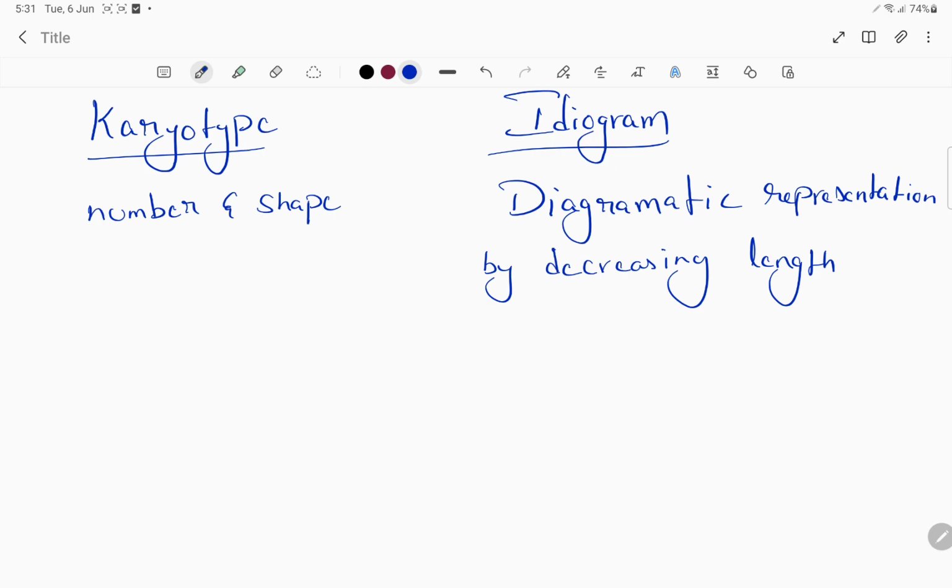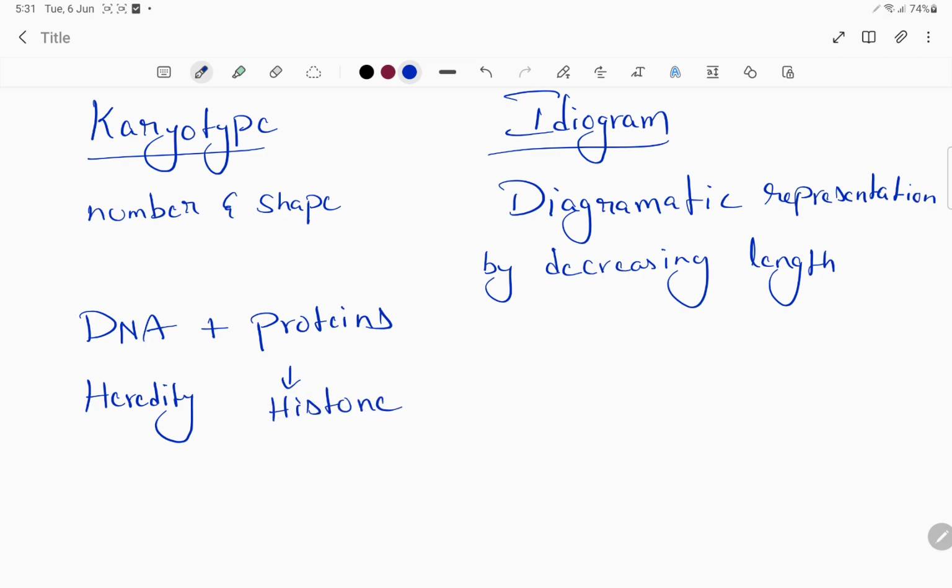So coming to the ideal chromosomal structure, chemically it is made up of DNA plus proteins. So here it is heredity material. Here it is histone proteins.